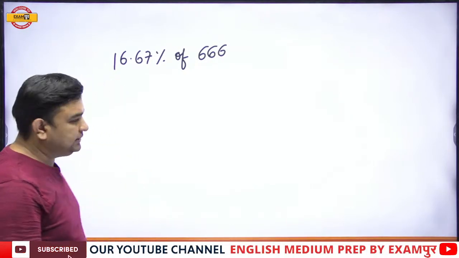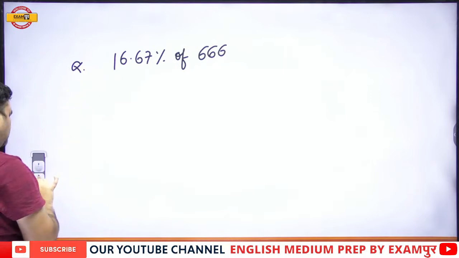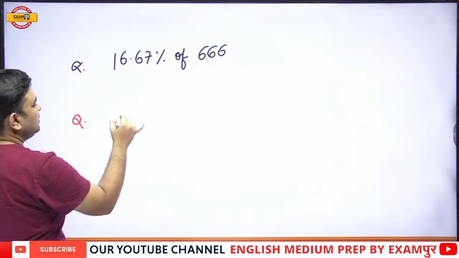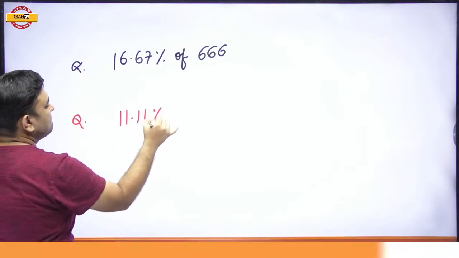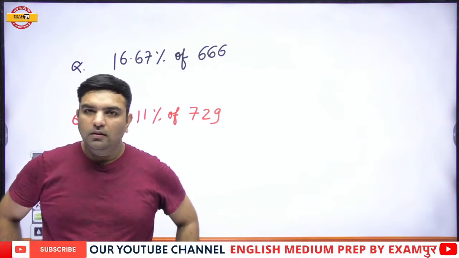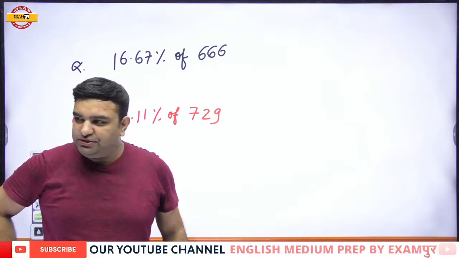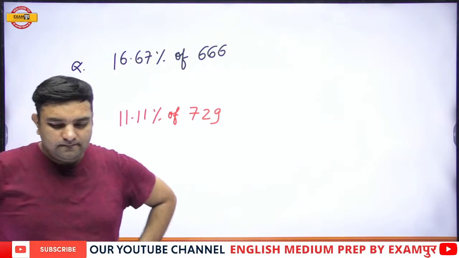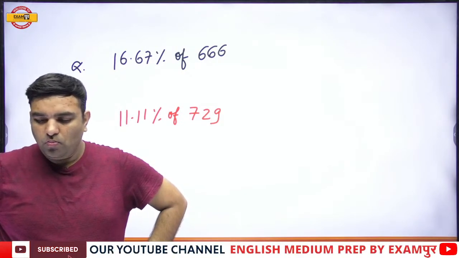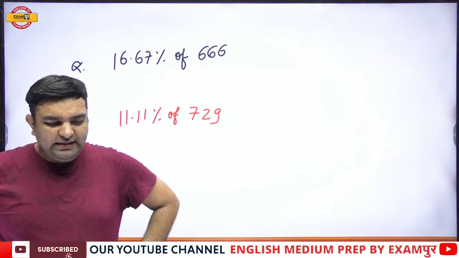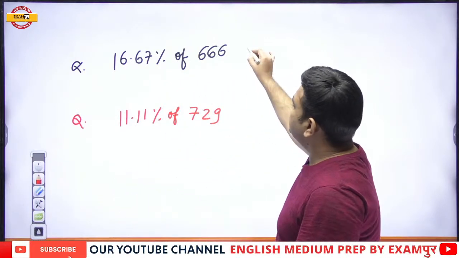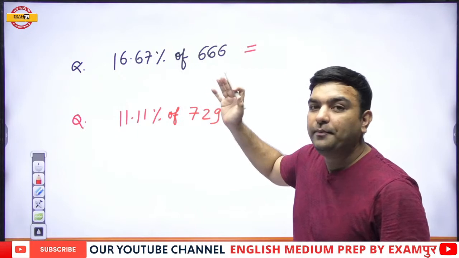16.67% of 666. Chalo, let's do it. Easy ones in the beginning. 16.67% is how much? 1 by 6.